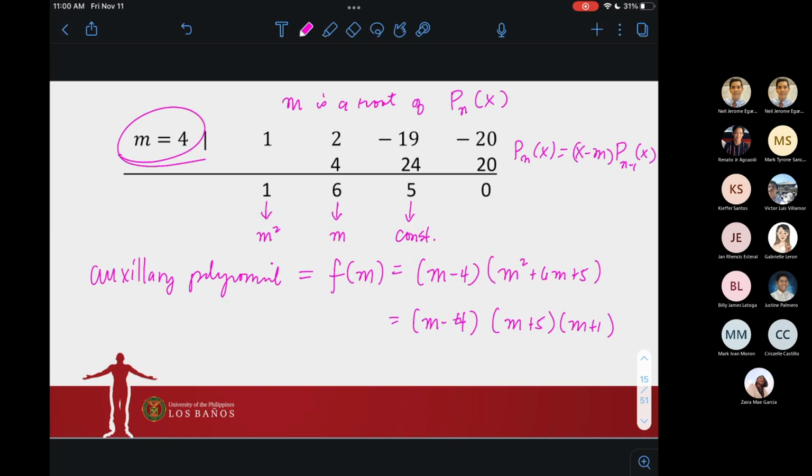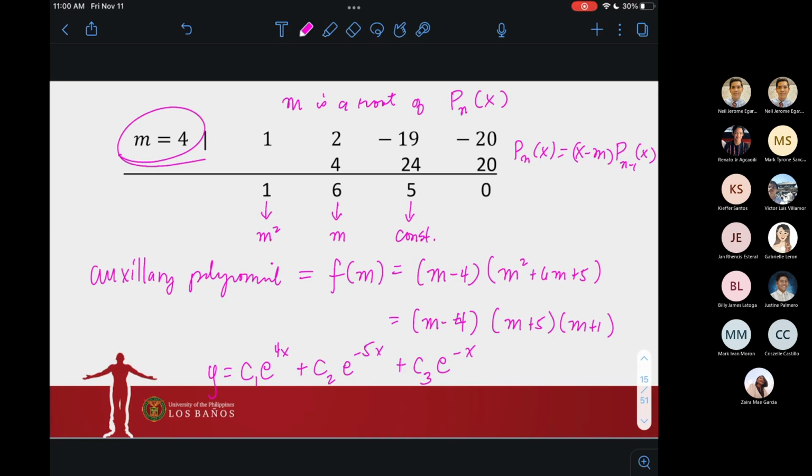Again, fundamental theorem of algebra tells us tatlo lamang yung maximum roots. Nakita na tayo ng tatlo, so sure tayo, ang mga roots lang natin ay si 4, si negative 5, at saka si negative 1. So therefore, the general solution to our GLDE is C1 e to the 4x plus C2 e to the negative 5x plus C3 e to the negative x.